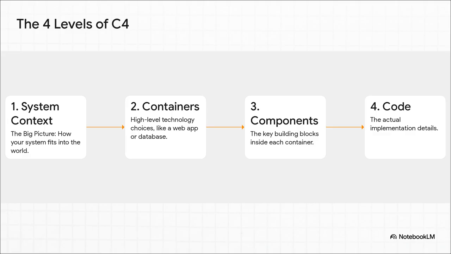That's your big picture. Then you can zoom in to level 2, containers, where you start to see the major tech pieces. Your web app, your database, that kind of stuff. Zoom in again to level 3, components, and you see the key building blocks inside each of those containers. And finally, when you really need the details, you drop down to level 4, the actual code.